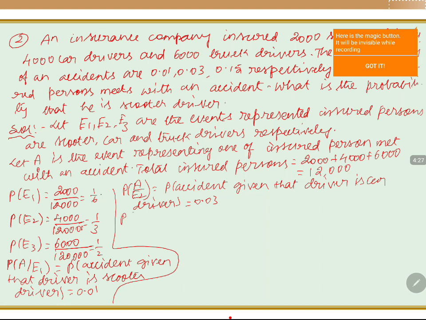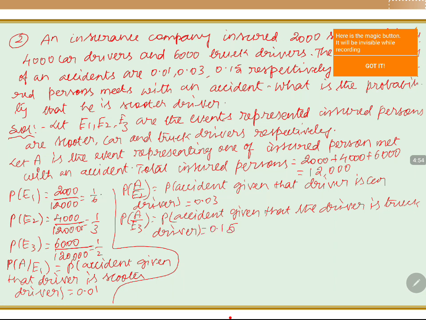While the next one is P of A by E3, the probability of the accident given that the driver is a truck driver, that is equal to 0.15.